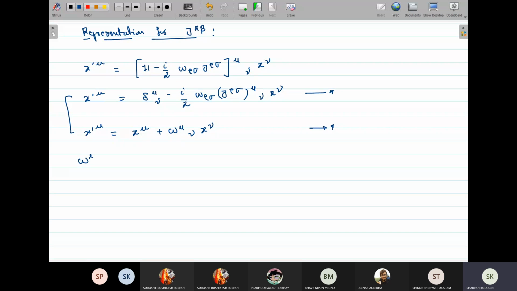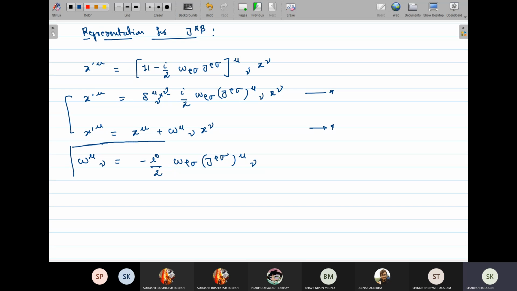So omega mu nu must be equal to minus i by 2 omega rho sigma (J rho sigma) mu nu-th entry. Agree? Because this holds for all x nu. Then it will become x mu. Okay, fine. So this should happen.